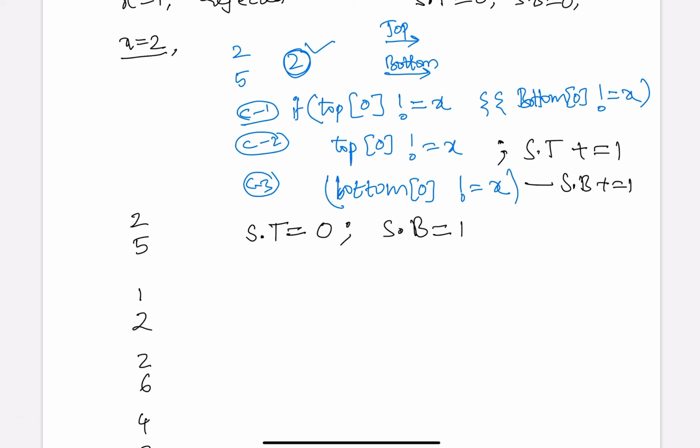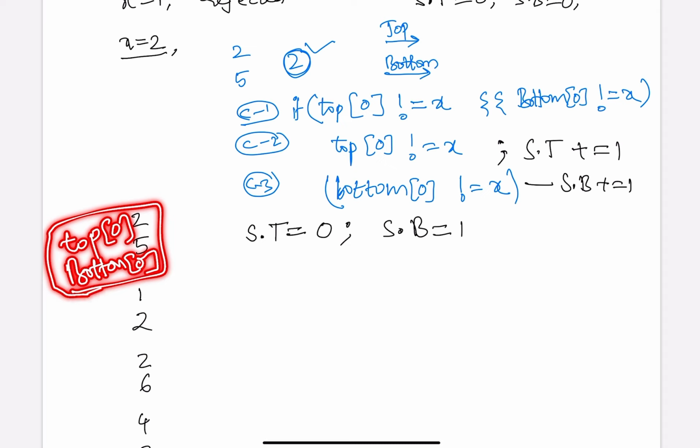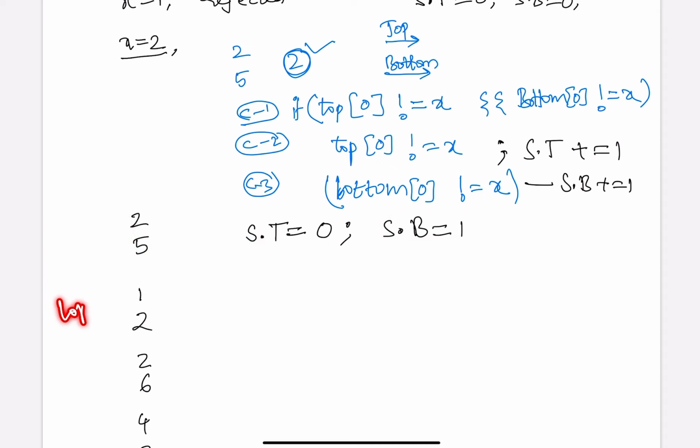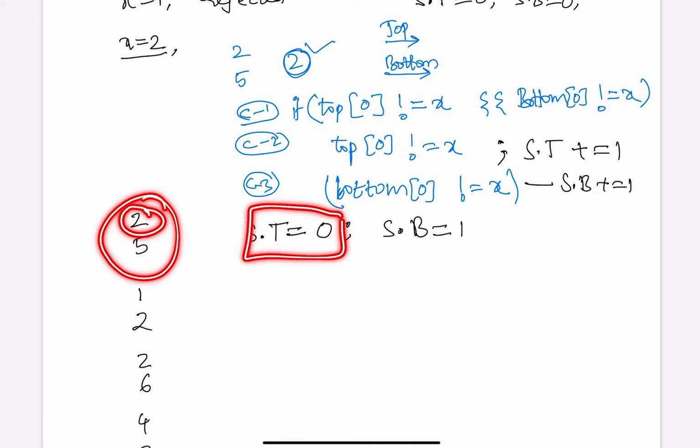And for this also we check 2, so this is top of 0 and this is bottom of 0, and so for that we have done, we go for top 1 bottom 1 and we check that. Here we consider that 2 is in top, so we don't need a swap.